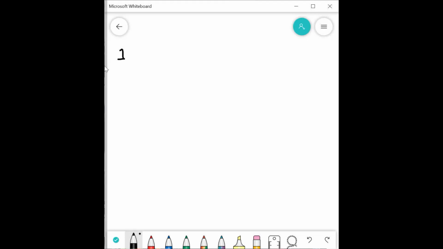So for the first question, the car's momentum is given, and we want to know what the car's new momentum will be if its mass is doubled and it travels at the same velocity. So our old momentum is m times v, and we know that p is 20,000. Excuse my bad handwriting.